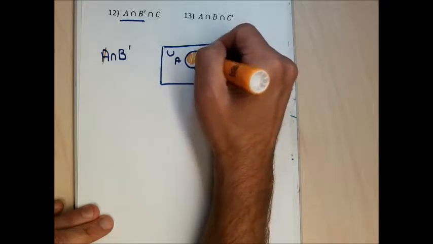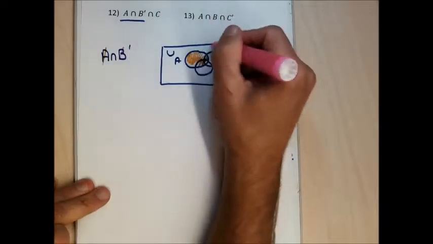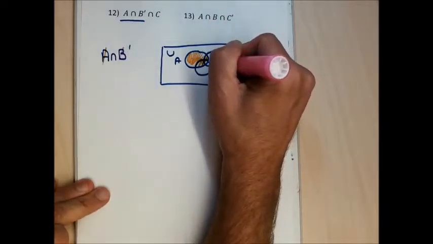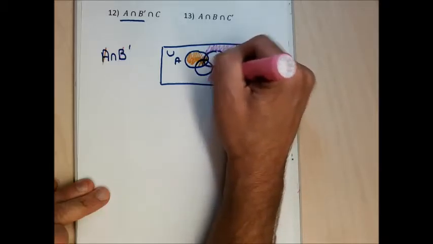That's everything inside the A circle. And I'm going to do my B complement in pink. If I make a band around the B circle, that's everything outside the B circle.